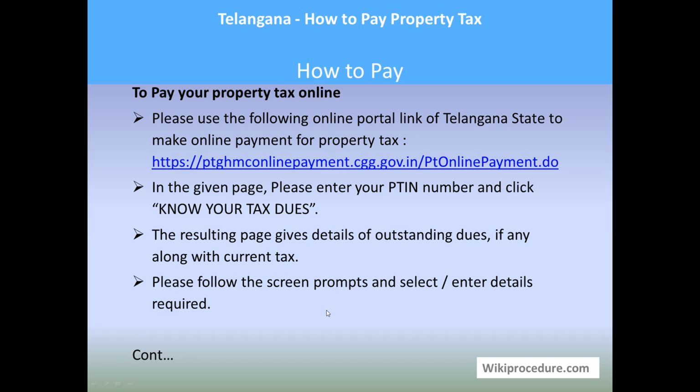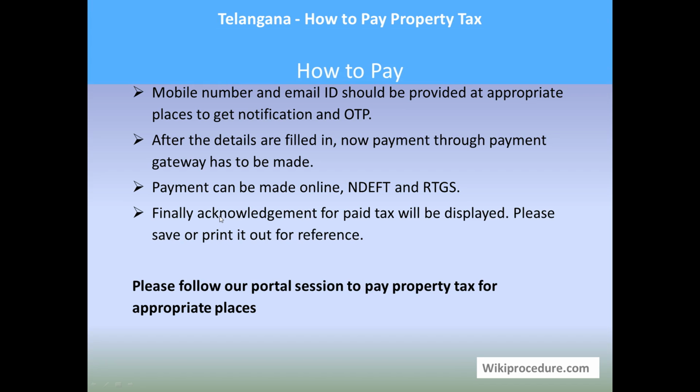And you are supposed to select and enter details which are required to fill the screen, and you will get an OTP for the mobile number which you have used, and enter the OTP in the provided space and reach the payment gateway page, where you have to select the payment mode, online or RTGS or other means.